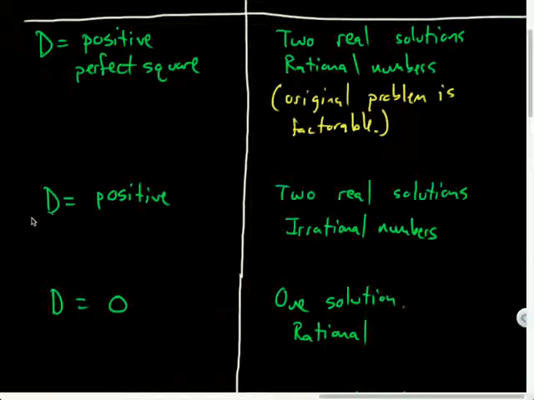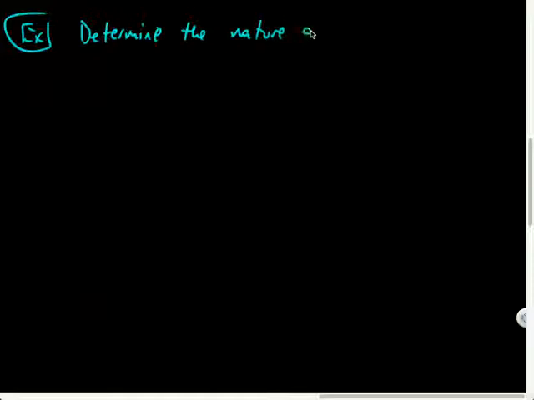So let's do an example of this. This is sometimes the way that your text or other places will write it. They'll say determine the nature of the roots. And sometimes they'll even say specify using the discriminant or something like that.